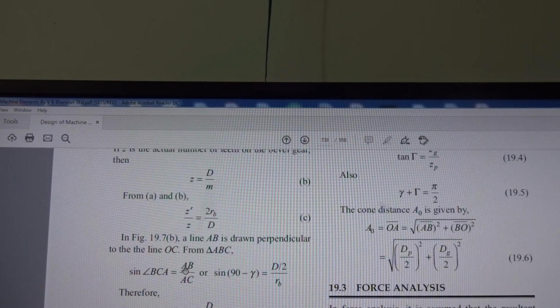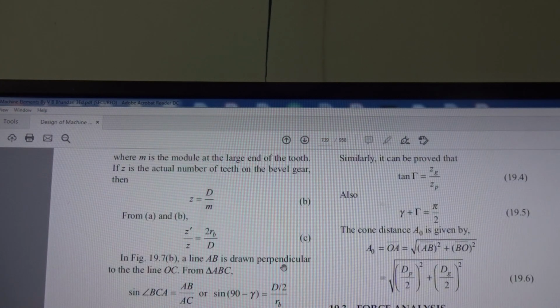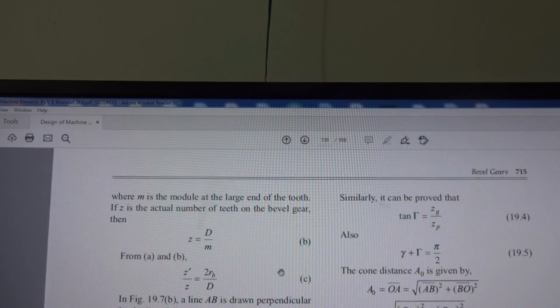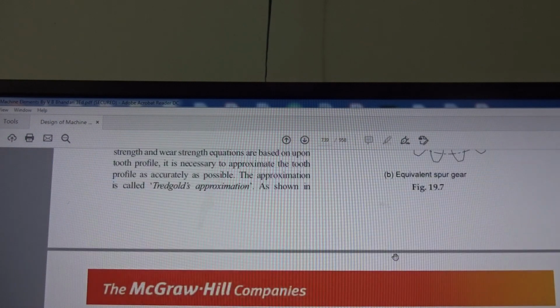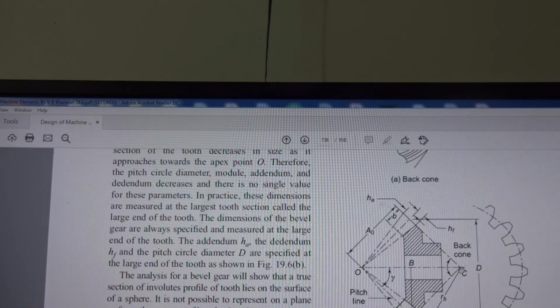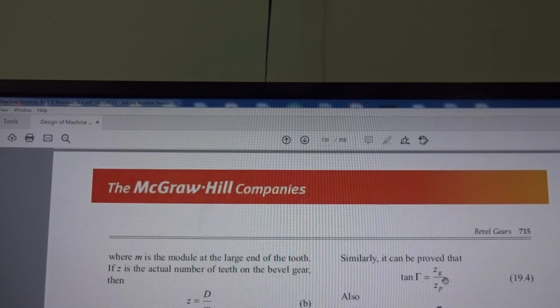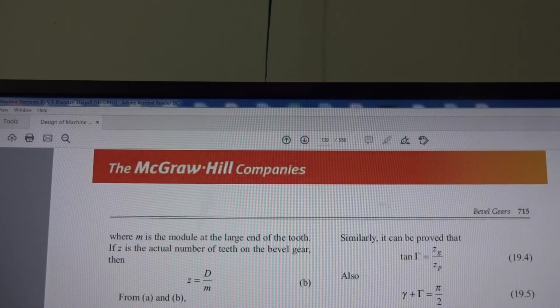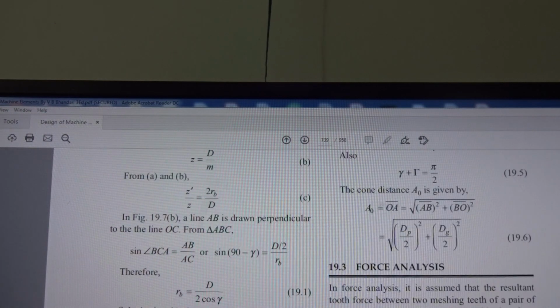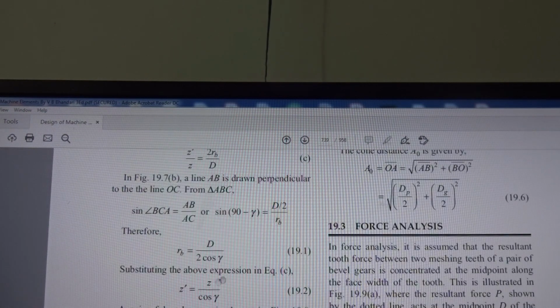And from this triangle ABC, this angle BCA is 90 minus gamma. So sin BCA is equal to AB by AC, and sin of 90 minus gamma is equal to AB, which is D by 2, divided by RB.